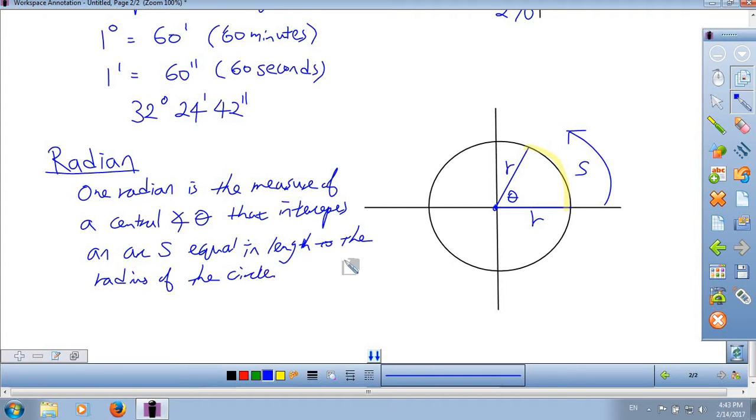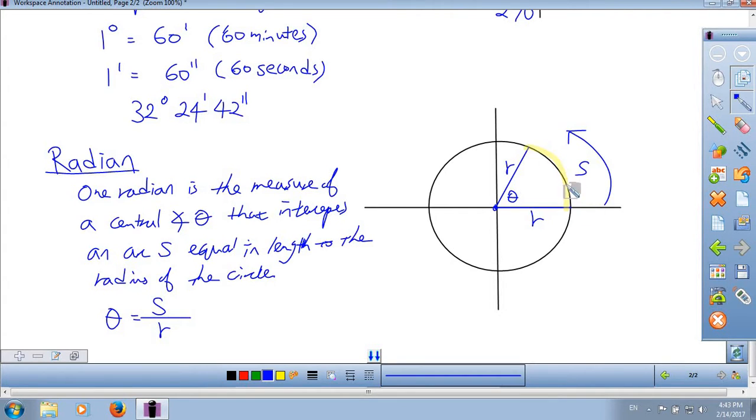All right, so let me give you a more simplified version of this. What it's basically saying is the measurement of radian theta is simply the arc length divided by the radius. So when you rotate on this circle, it doesn't matter how large or how small the circle is, you are going to travel a certain arc according to the amount of rotation.